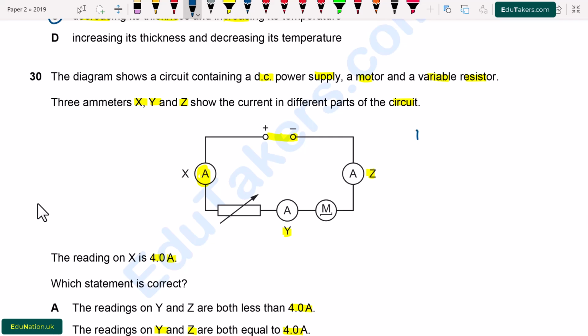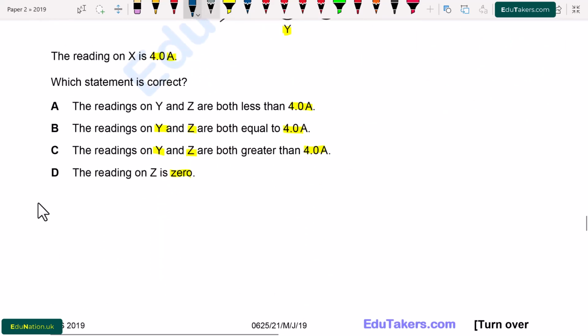It means that the total current will be equal to the current that is passing through the ammeter X. It will be equal to the current passing through the ammeter Y, which is equal to the current passing through the ammeter Z, and the value of current is given, which is 4.0 ampere. It means that the value of the ammeter Y and Z will be the same as that of the ammeter X. Now we see the options. Option B is correct, which shows that the reading on Y and Z are both equal to 4.0 ampere.